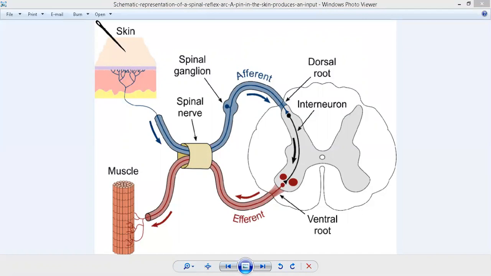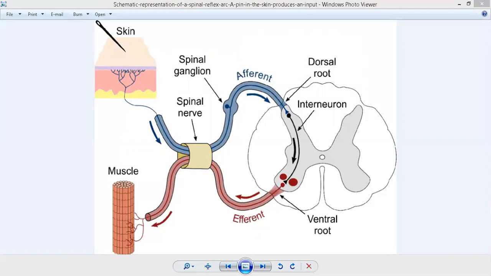These nerves can supply the skeletal muscle or the smooth muscle and also the glands. As you must know, efferent means the nerves which carry impulses away from the CNS, and afferent carries impulses towards the CNS.